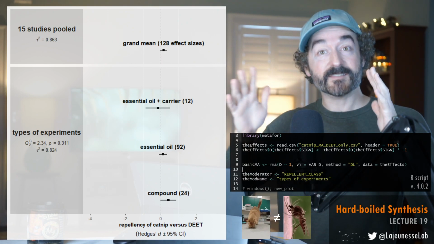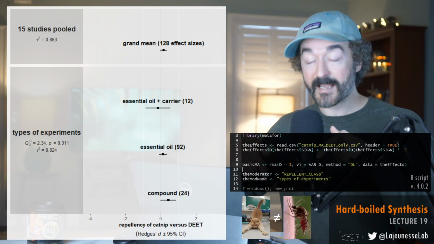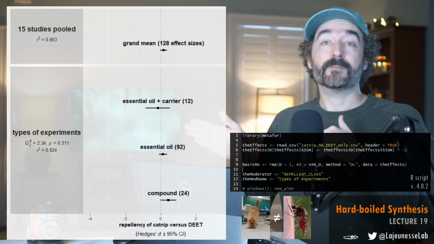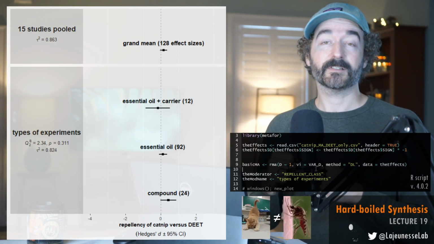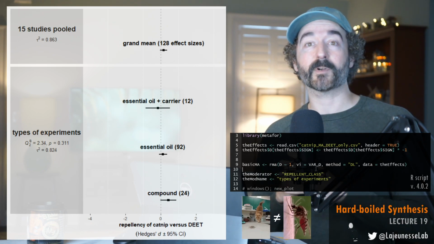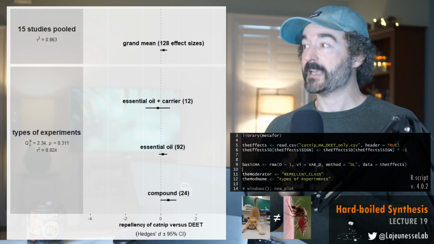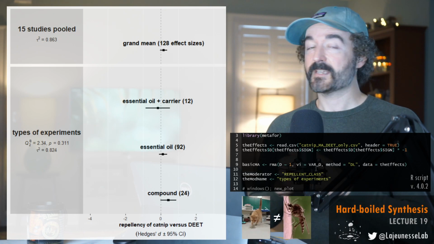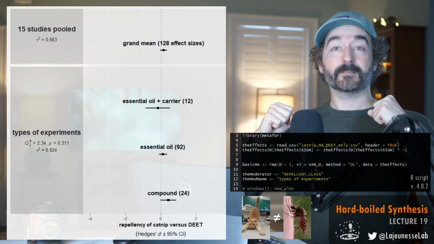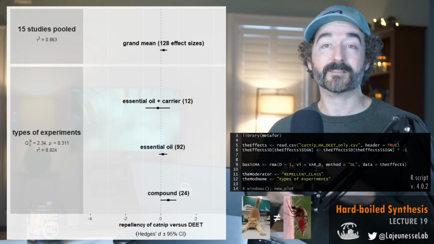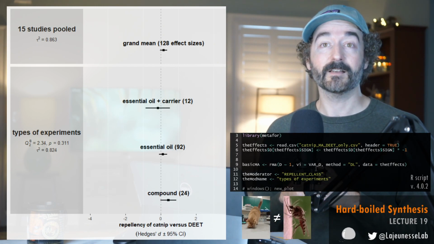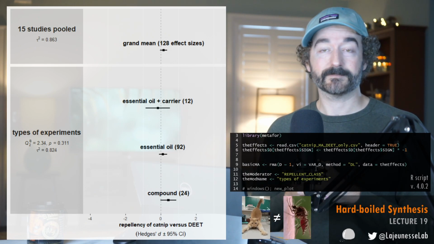And so as a sensitivity analysis, right now I'm going to test whether or not the studies that reported things via odds ratios differ from studies reporting Hedges D. And this is just like an internal check for consistency to make sure that I'm not introducing any bias in my analyses by doing this conversion.